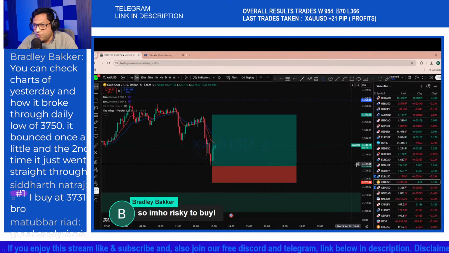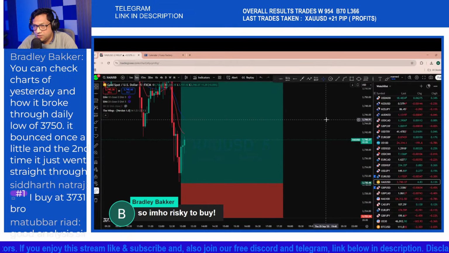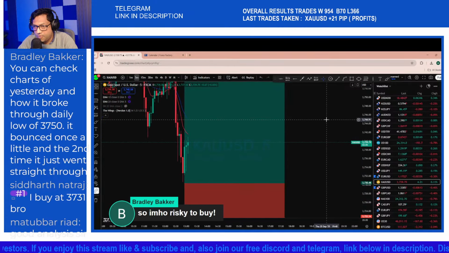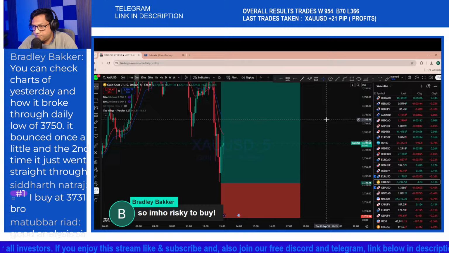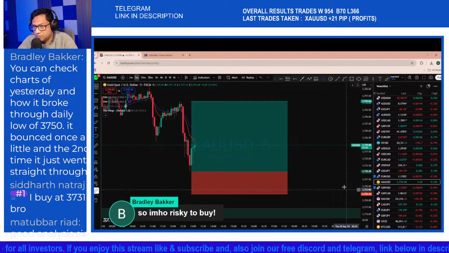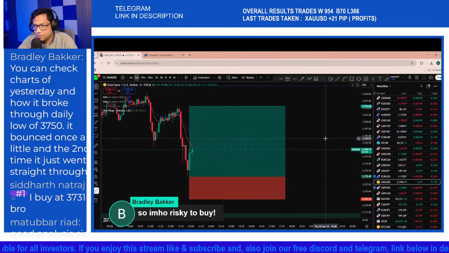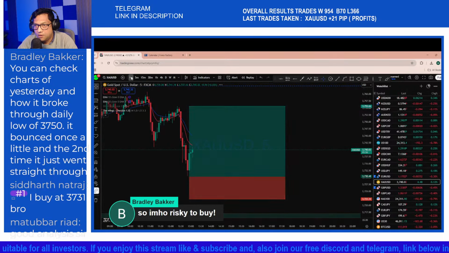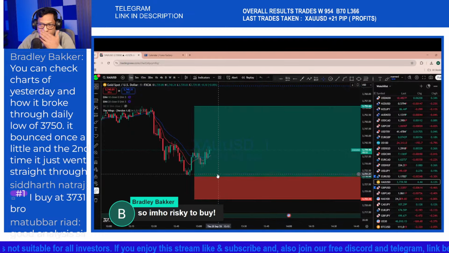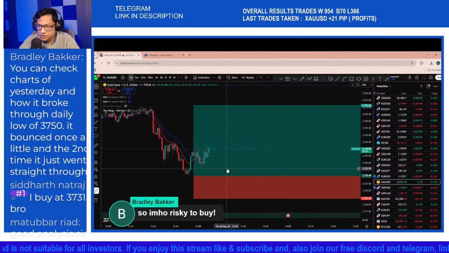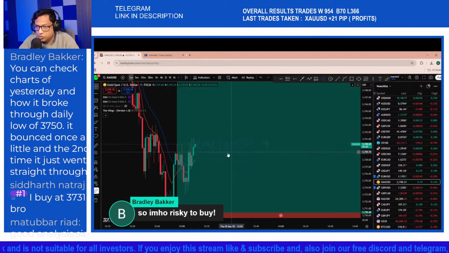So 5 minutes market structure that showing up. So it formed this inverse head and shoulder here. So that means we see back to back two smaller gap open.